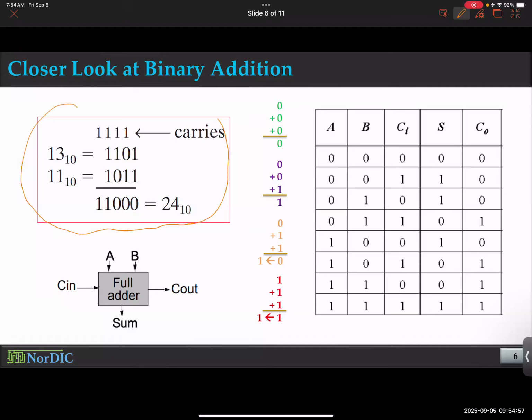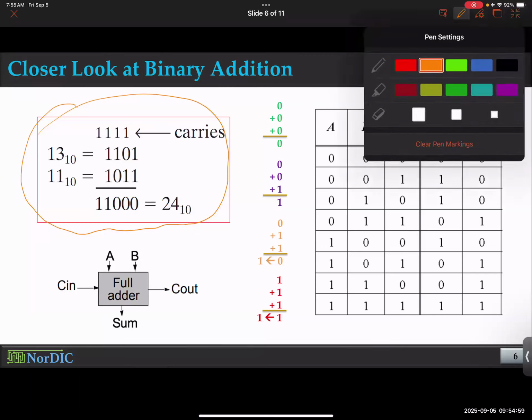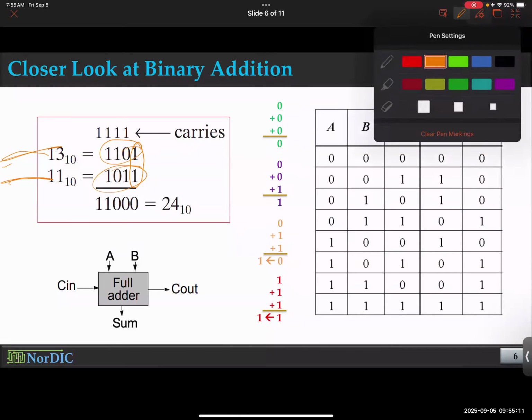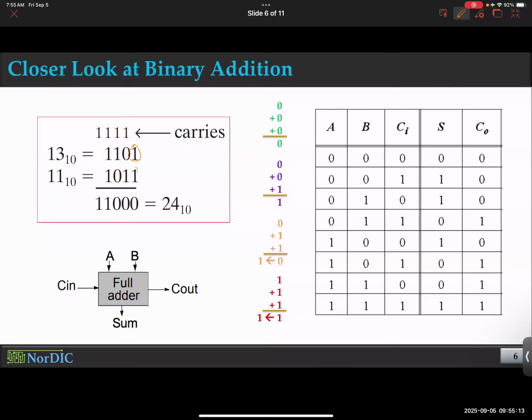When you do addition in binary, I hope you remember this. Let's take and add these two numbers. So this is your first number. This is your second number. Notice when you add, you don't add the whole number with the other right away. You take one bit at a time, add, and then get to the next bit, and so on.